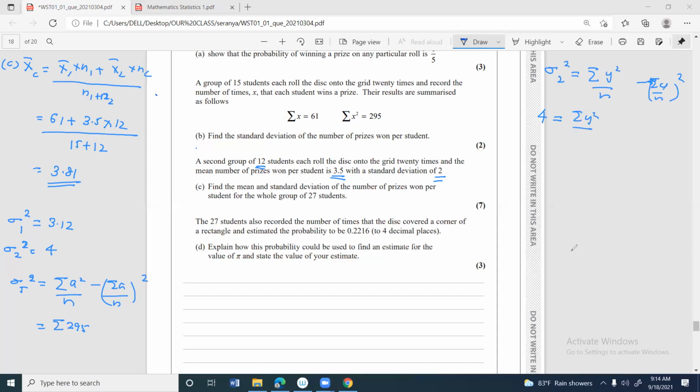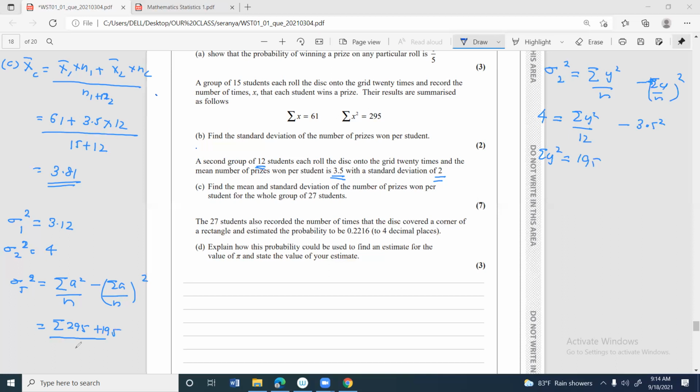The second set has 12 students, and the mean value is 3.5, squared. From here you can get the summation of y squared: 4 plus 3.5 squared, into 12. That is 195.